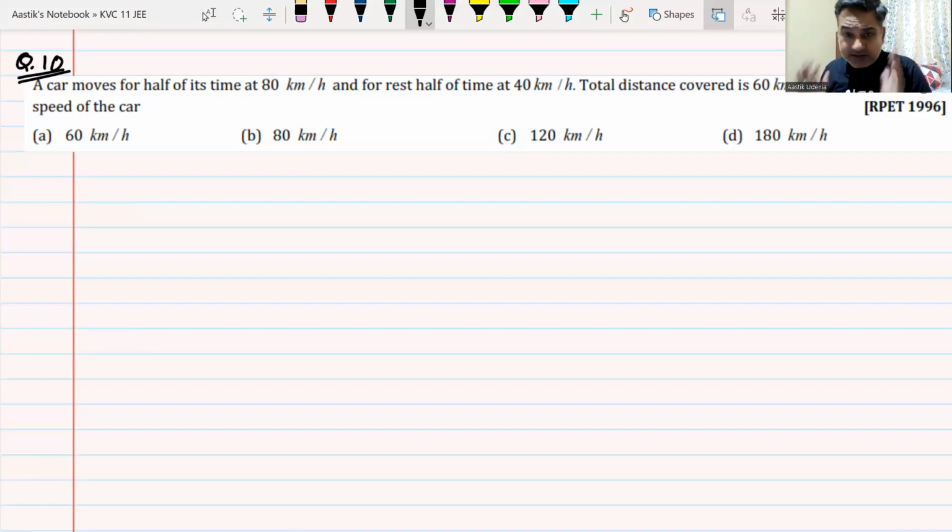So if you can just solve the sheet that I have sent you and that previous year question sheet, that should be good enough for you to clear any exam. If you want more practice, well, practice makes a man perfect. So the more the number of questions you do, the better you are going to become.